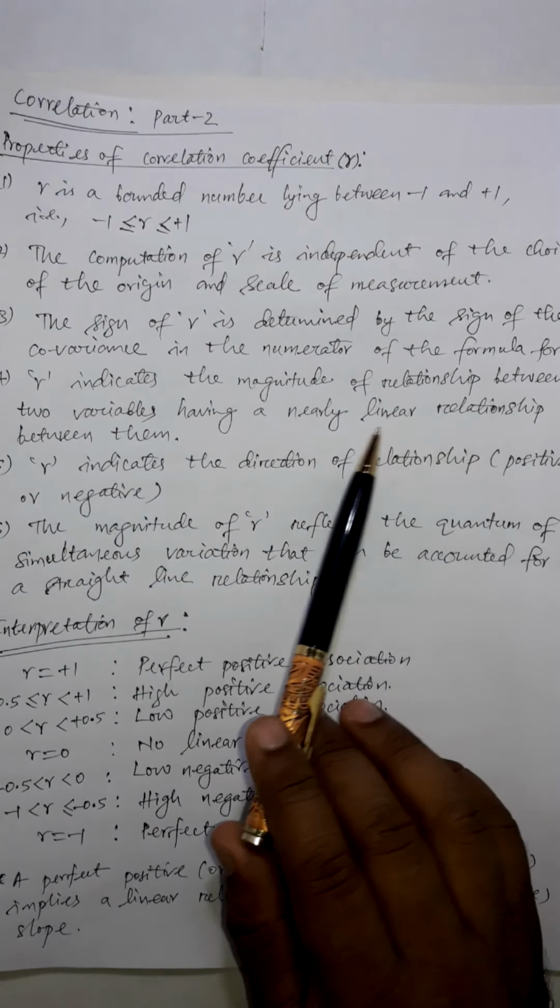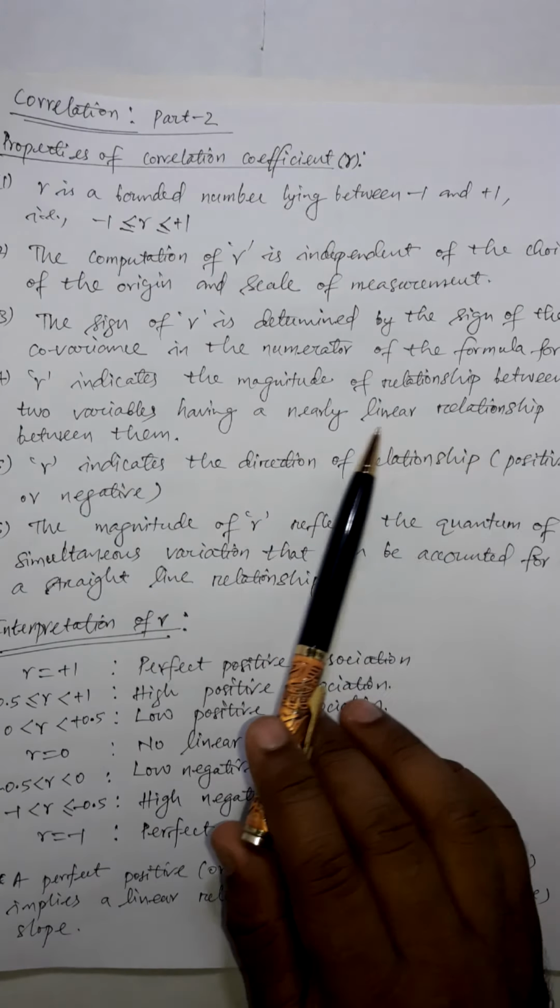If they have a linear relationship, then up to which amount they are linear. The fifth property says that the coefficient of correlation indicates the direction of the relationship, whether the relationship is positive or negative. It is indicated by the coefficient of correlation.